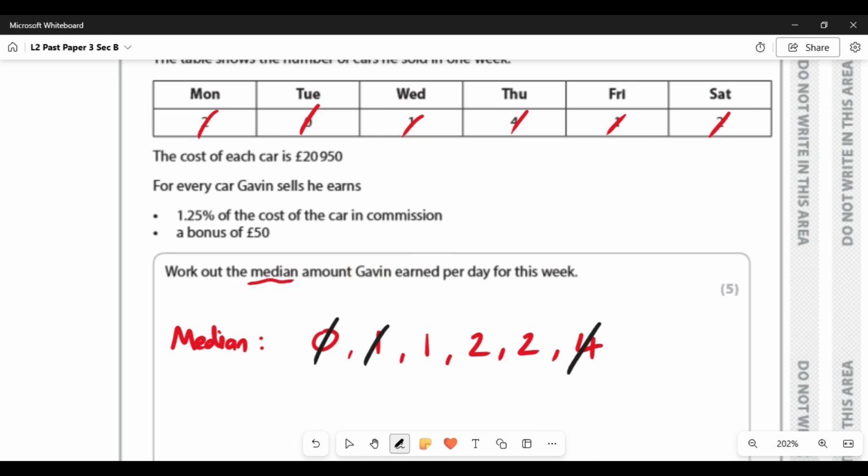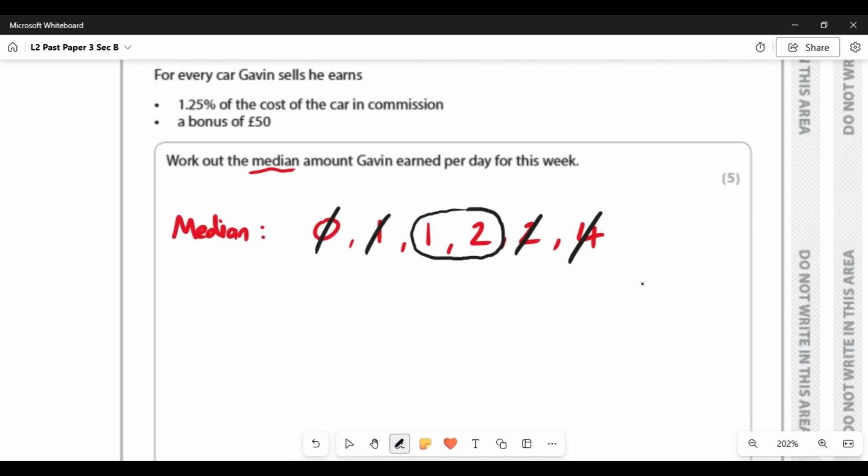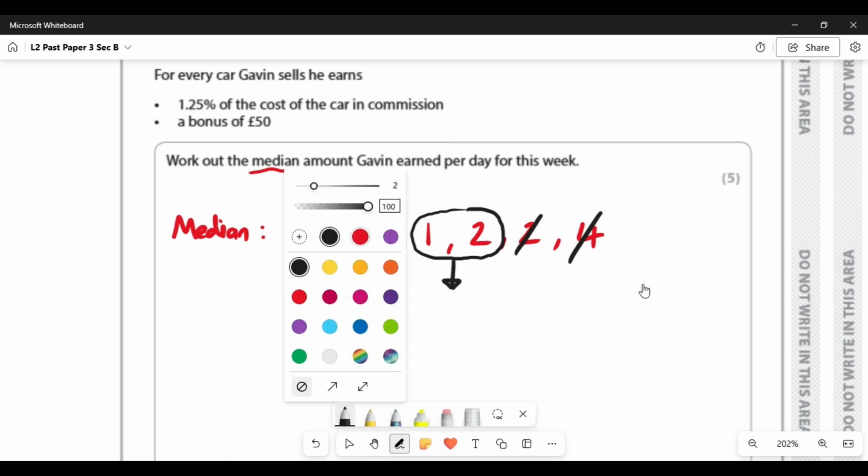work your way towards the middle, and you should get 2 in the middle, obviously in this case 1 and 2, so we need the middle of them, and hopefully you know what's in between 1 and 2. Well, you could work out if you want to, but you should know it's 1.5. But the way to work it out, if you're not sure, again, let me do it in a different colour pen.